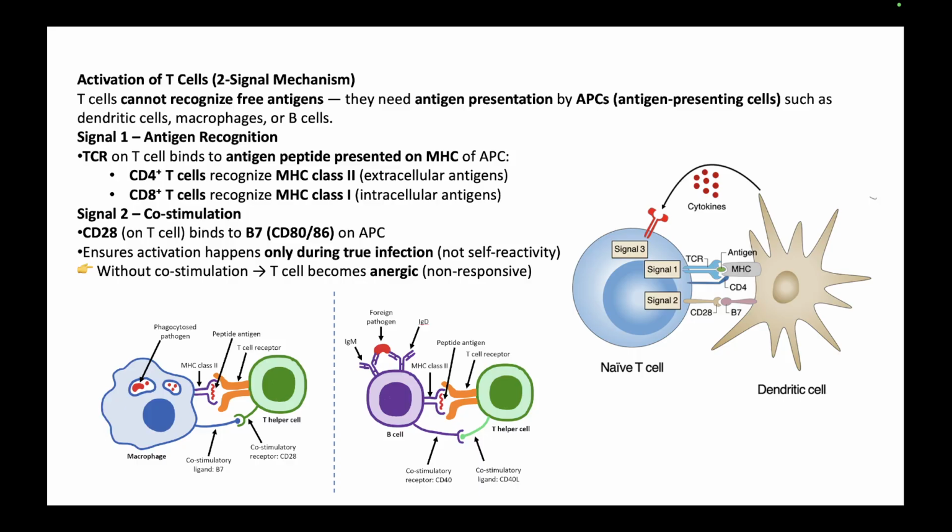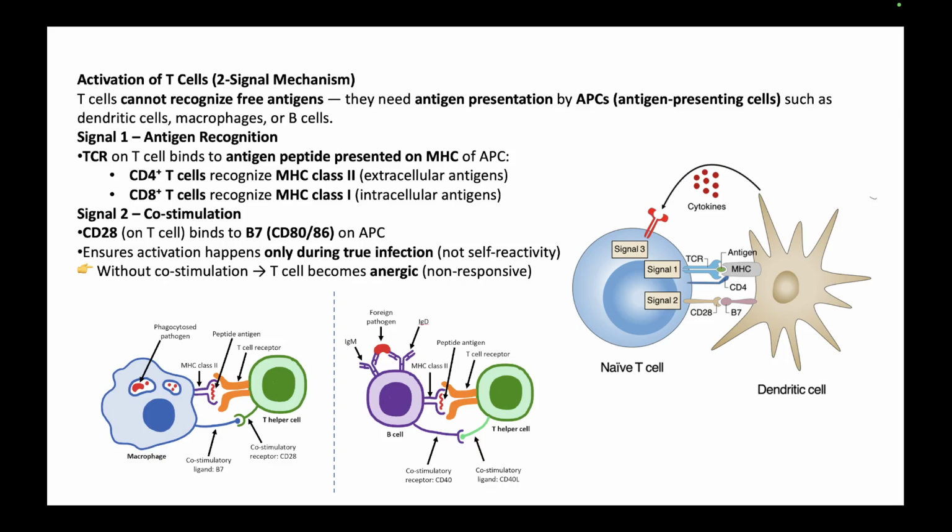For a T cell to recognize any antigen, it has to be presented by an MHC molecule. They need antigen presentation by an antigen presenting cell. The soluble antigen it cannot recognize. They want the antigen to be presented by other cells.